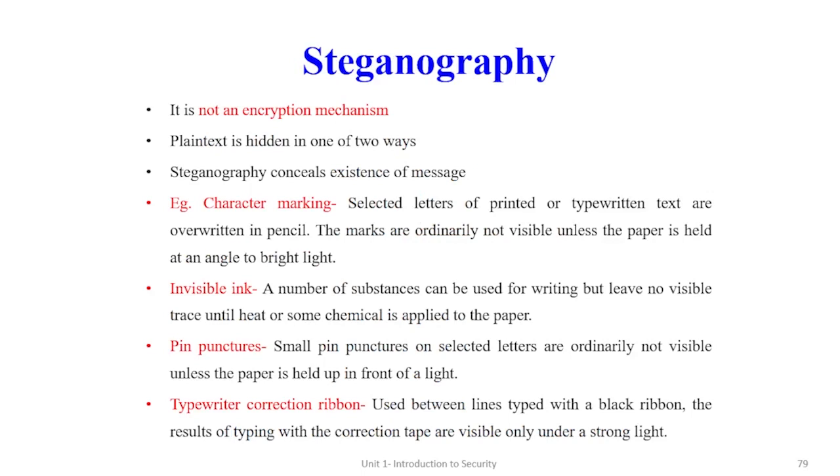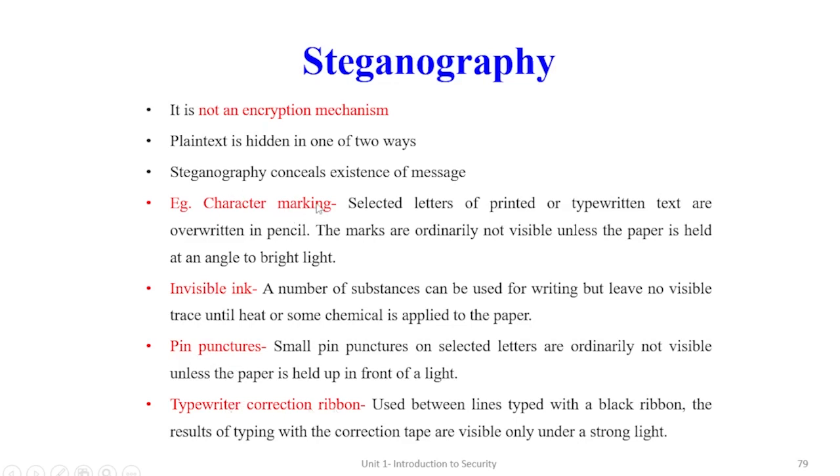And another technique is called steganography. It is not an encryption algorithm. It is a technique in which a hidden text is attached with an original plain text. So steganography conceals the existence of the original message. Examples of steganography are character marking, invisible ink, pin punctures, and typewriter correction ribbon.